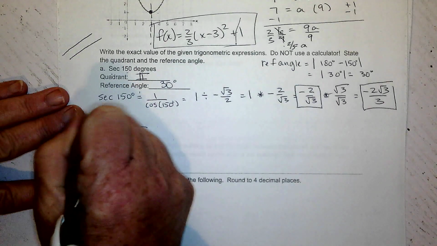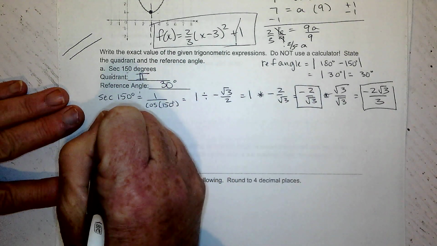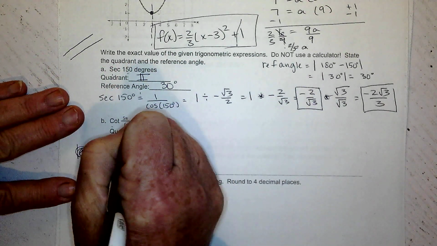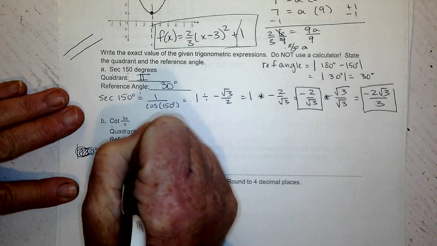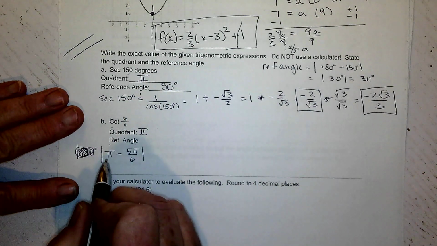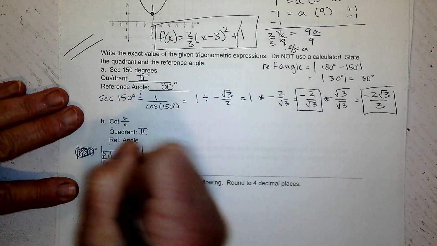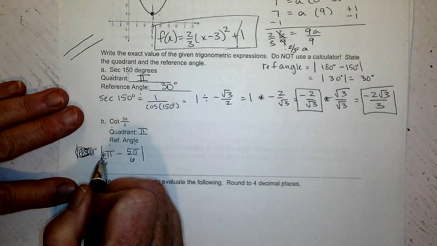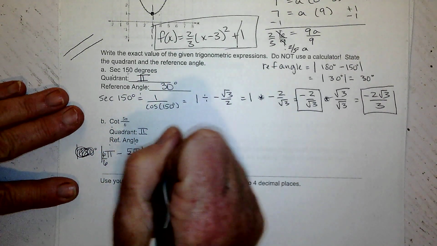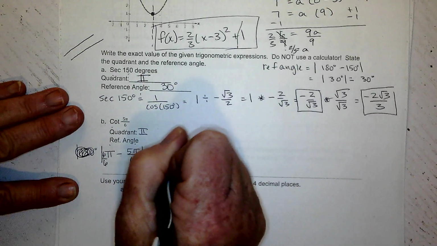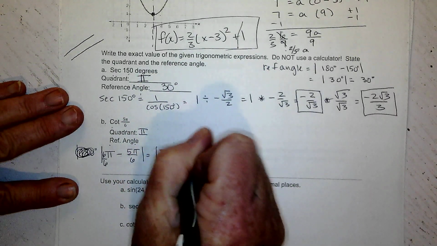Nope, we're in radians, I'm so sorry. Absolute value of pi minus 5 pi over 6. We can change the number in front of pi to 6 over 6, still representing 1. 6 minus 5, absolute value of pi over 6, which is pi over 6.